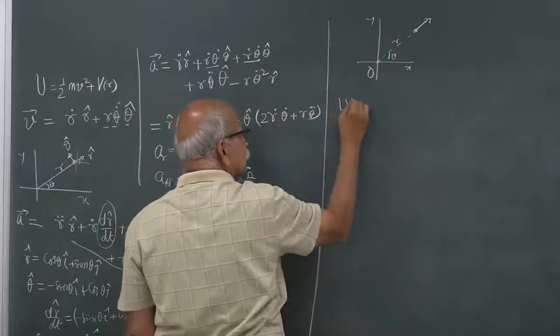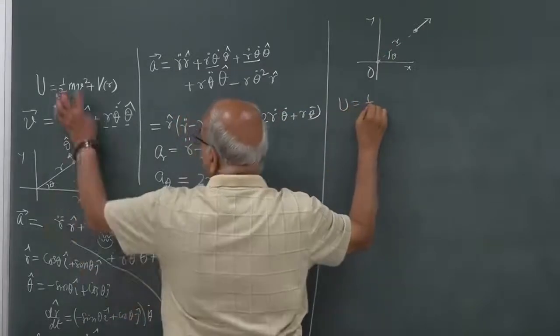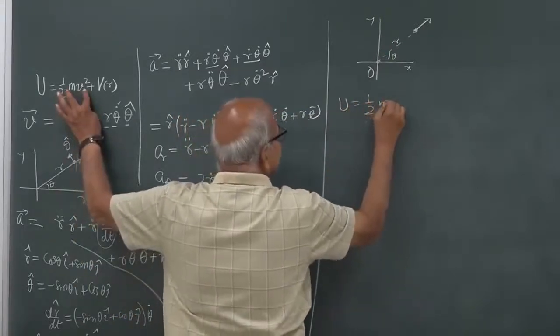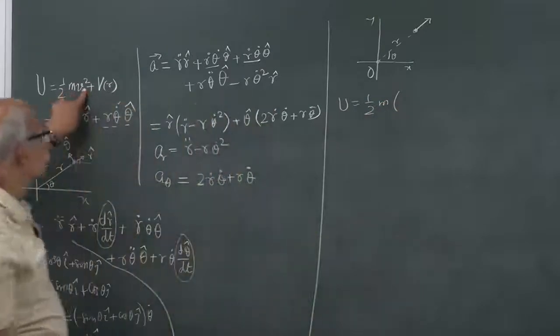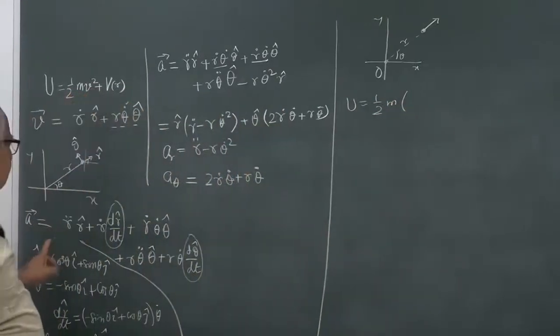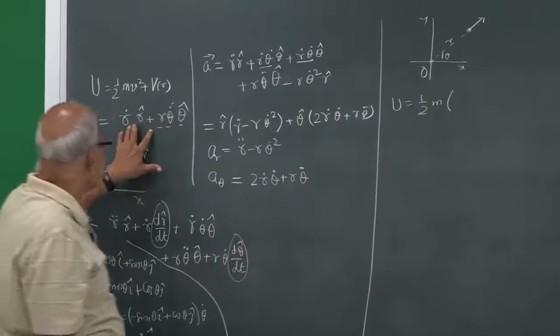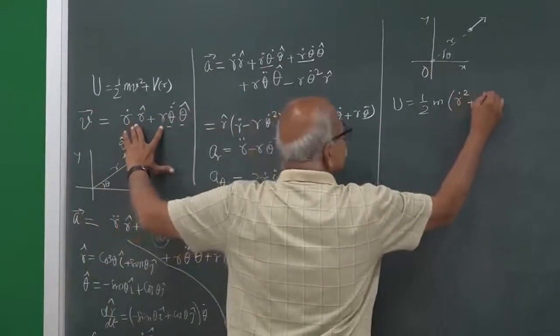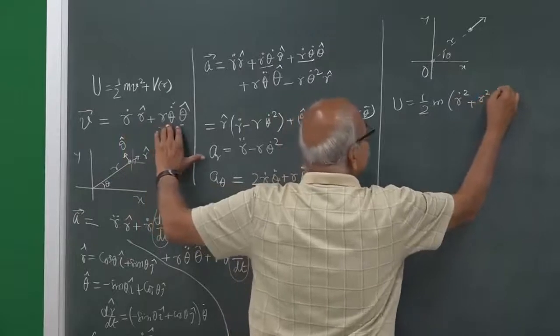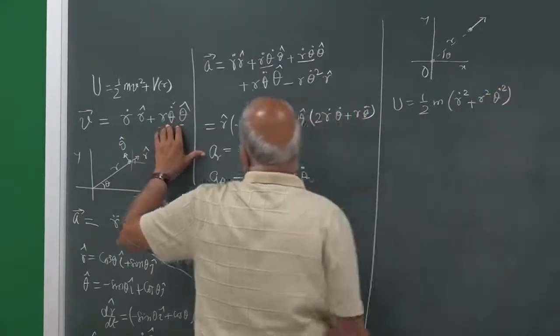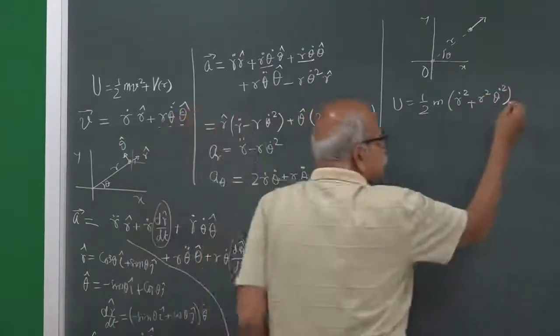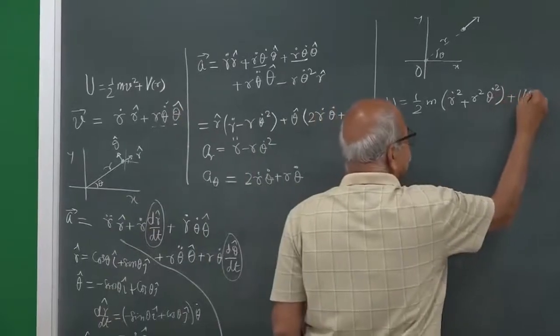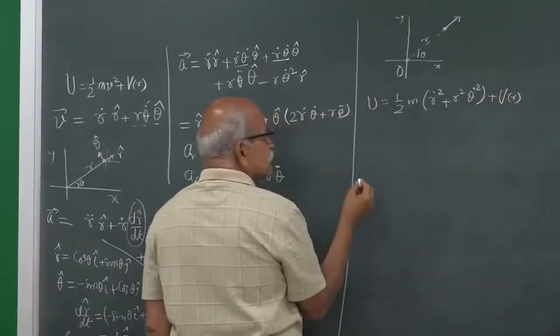So, energy is half m v square, and for v square we write from here r dot square plus r square theta dot square. That is half m v square, plus what is the potential energy, V of r.